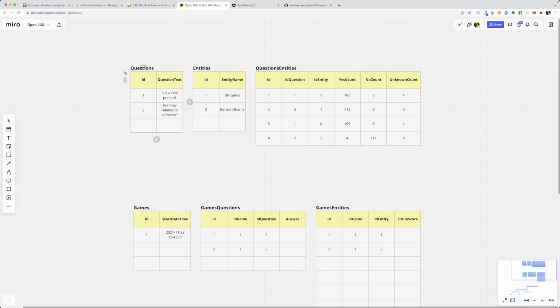So first of all, we have a questions and entities tables, and they will store the questions that we know so far from the people who have submitted questions, and the entities that we know from the people who have played them. So straight off we can tell that this is a user-driven application, because the users will provide the data and the algorithm will learn based on the people that play our game.